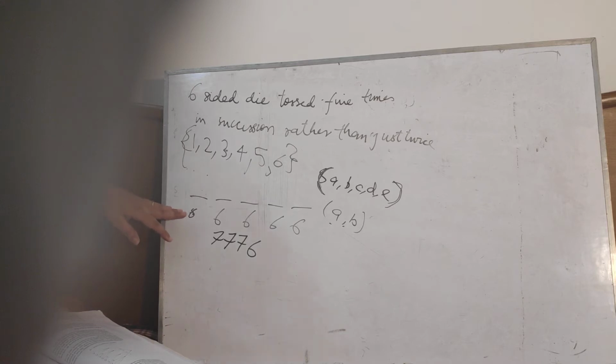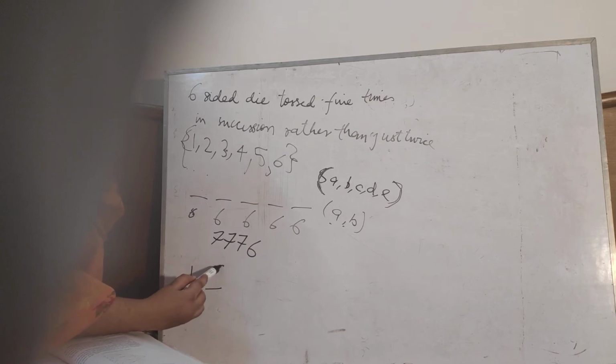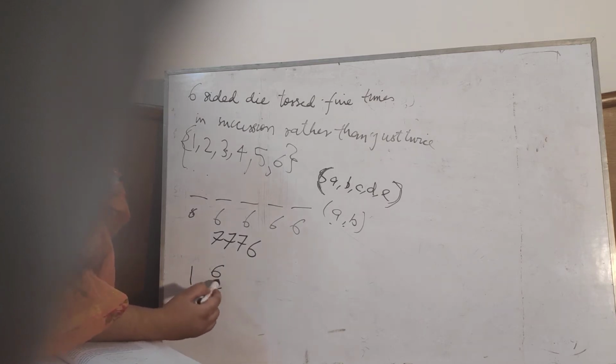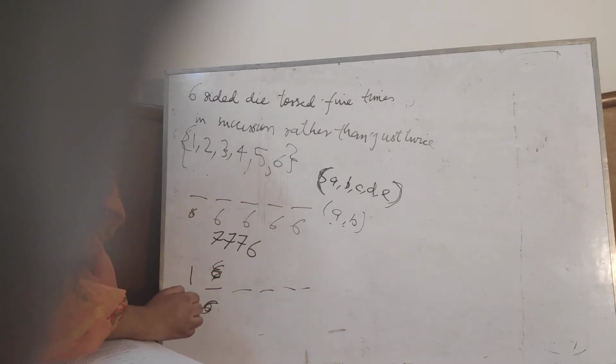Say you have 1 here, then you have 6 choices here. Now you take 1, 1.